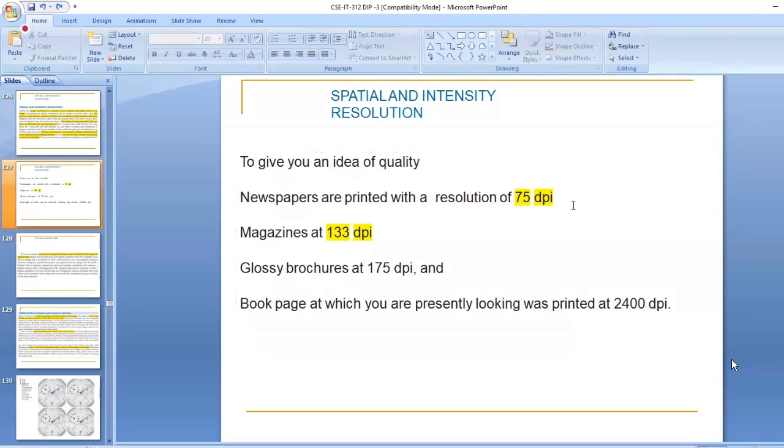So what is the effect? The effect is the quality.